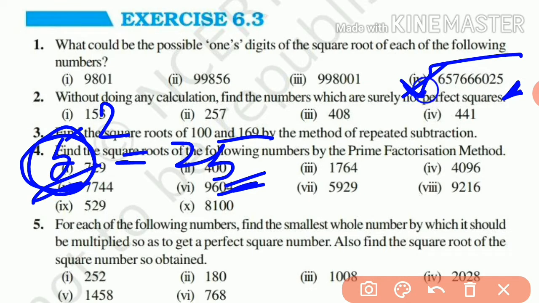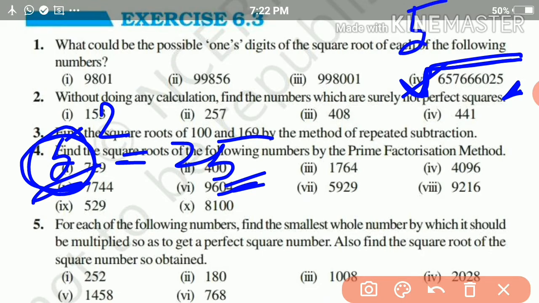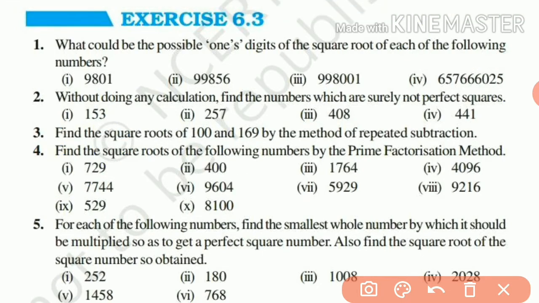So we can say that when we find the square root of this type of number, the unit place will be 5. The answer of this question is 5. Similarly, we can check so many numbers. Next, the second question.